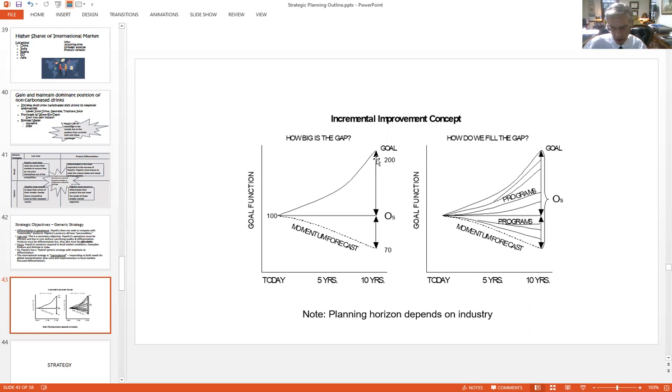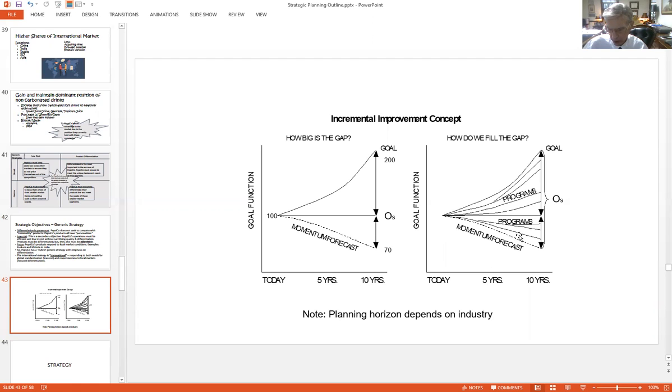So it looks like this company has to come up with a strategy that will be valued at $130 million, right? They want to go from 100 to 200, but they also have to offset a decline of 30. So they have to come up with programs that are worth 130. How are they going to do that?